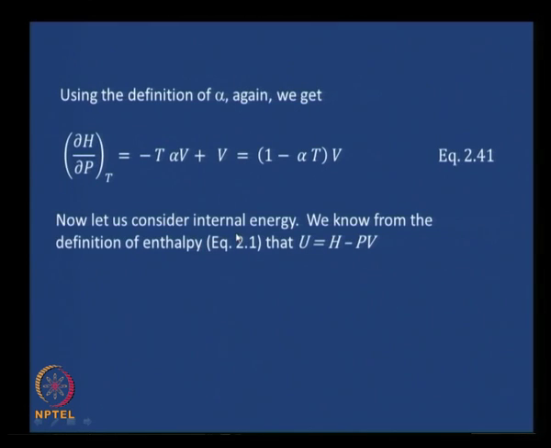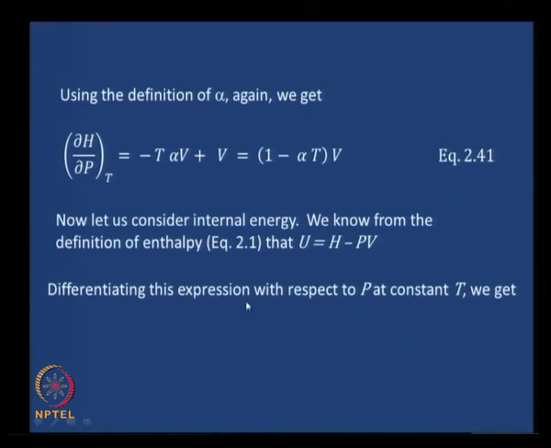Now let us consider internal energy. We all know the definition of enthalpy, which is internal energy plus PV, so you can write U, internal energy, equals H, enthalpy, minus PV.